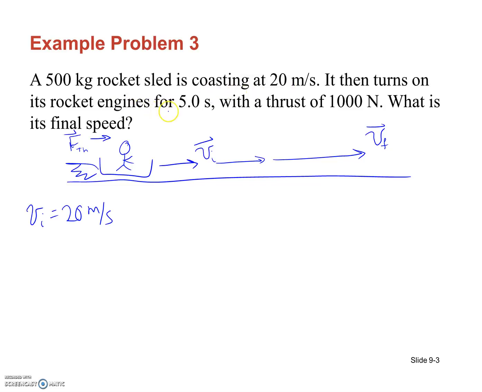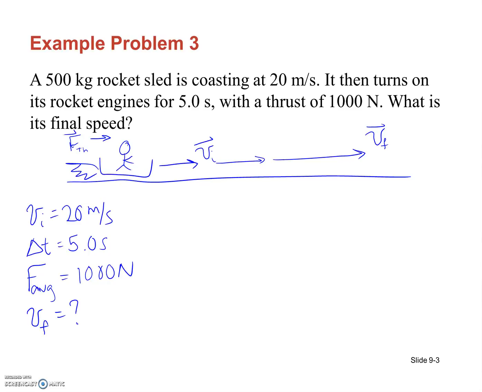It turns on its rocket engines for 5 seconds. That's our delta T. It's 5 seconds with a thrust, and we can consider this to be the average thrust. We're going to ignore the fact that when he first turns the engines on and off, there's a little bit of ramp up and slow down of that force. And we are asked to find the final speed.